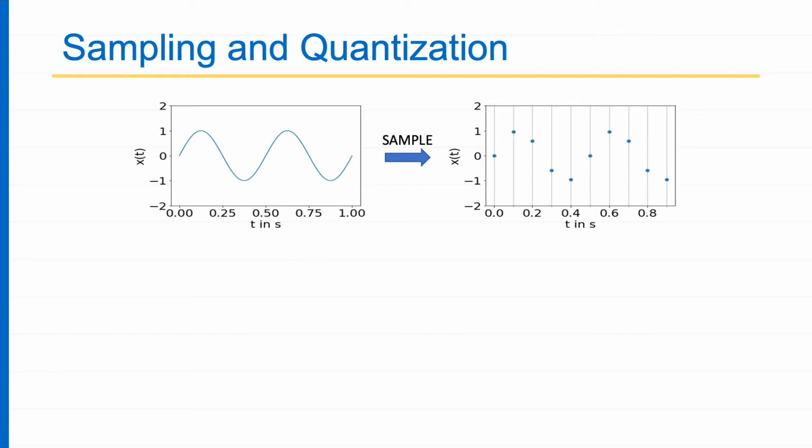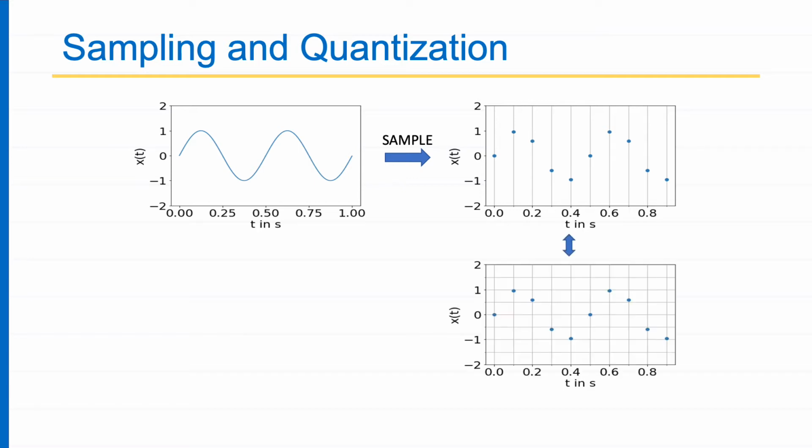I am not going to save the value of this signal at all time instances, I am only going to save it at 0.0, 0.1, 0.2, 0.3, 0.4, like that. Other values I am not going to save. Of course, I can interpolate and get those values, but that is an approximation. The exact values I am not going to save.